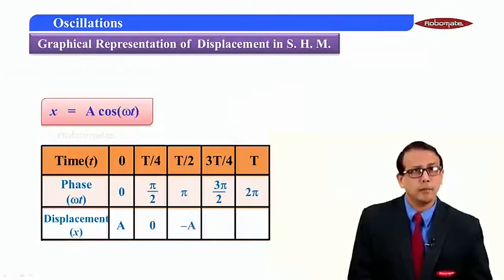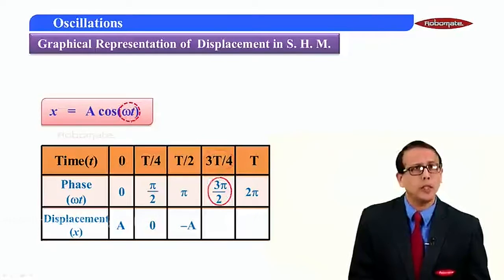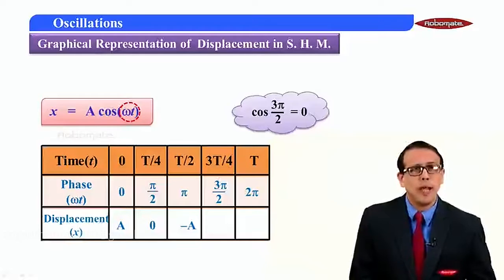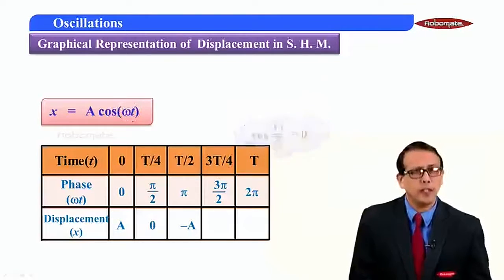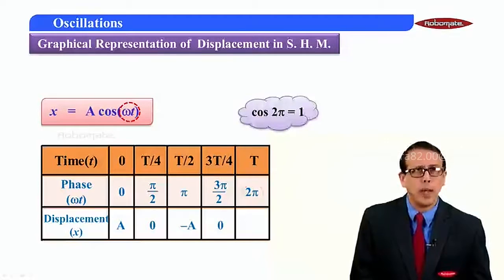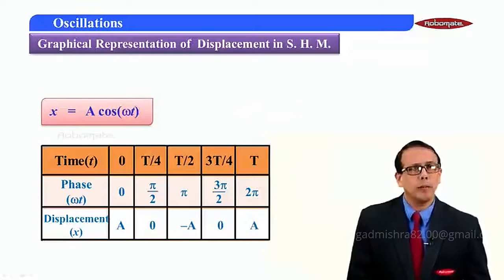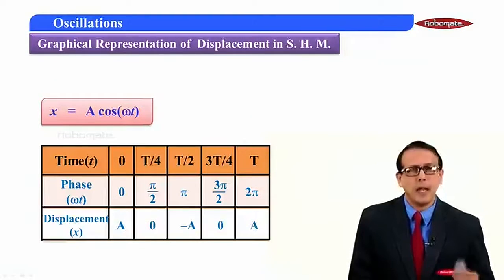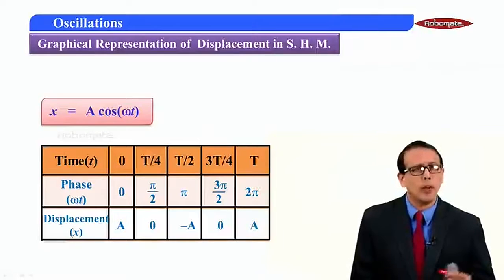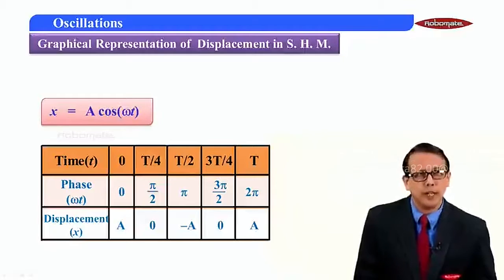For the next value, cos 3 pi by 2, students, is 0 and hence the value of x is 0. Next value, students, is omega t is 2 pi, cos 2 pi is 1 and x again takes the value a. You can remember it directly, whether sine or cos, every alternate value you can see is 0 and if one is positive the next one is negative.